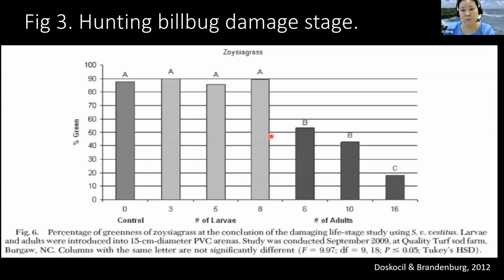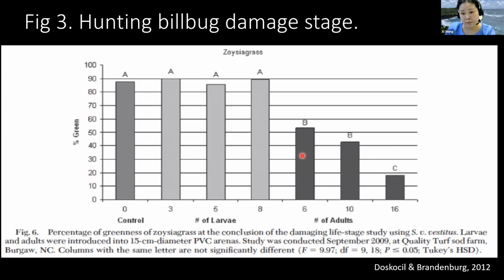In the past, we believed the larvae is the primary stage that causes damage to turf grass species. But this publication in 2012 found that actually the adult can cause equal or greater amount of damage to the turf grass species. This study fed different numbers of larvae or adults to the zoysia grass in PVC pipes, and then assessed the percent of greenness.